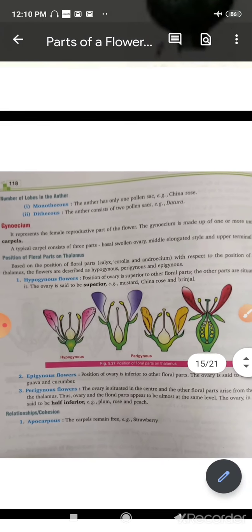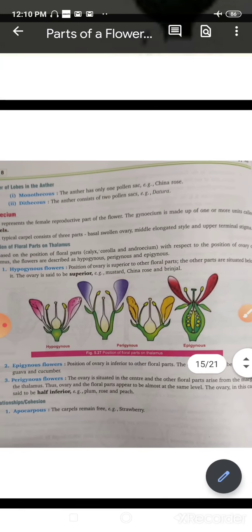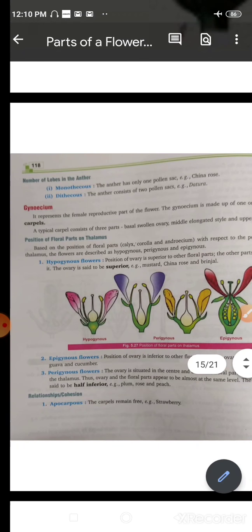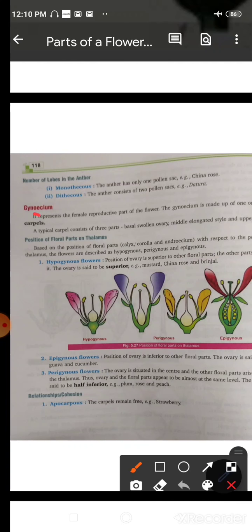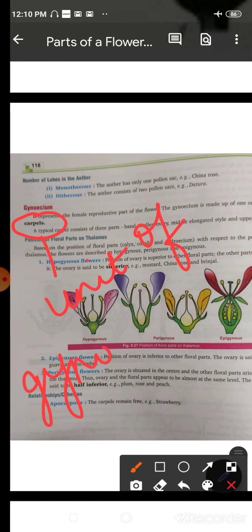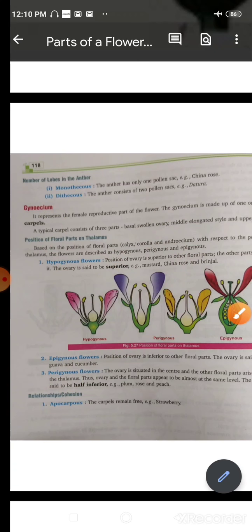Gynoecium is made up of one or more units called carpels, right? So many carpels form gynoecium. So the unit of gynoecium is carpel, right? Carpel is the unit of gynoecium, right?